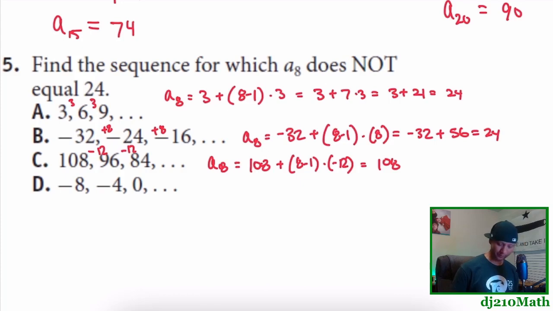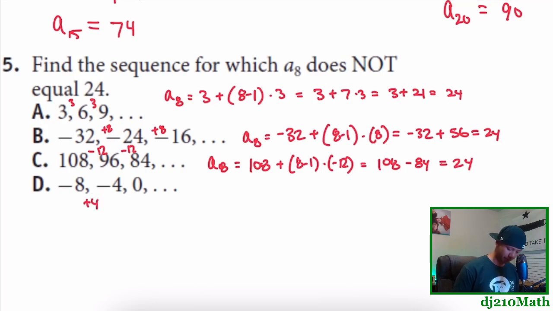So 8 minus 1 is 7. 7 times 12: 12, 24, 36, 48, 60, 72, 84. So minus 84, which is 24. Okay, so C also works.